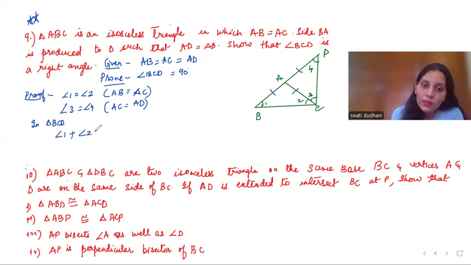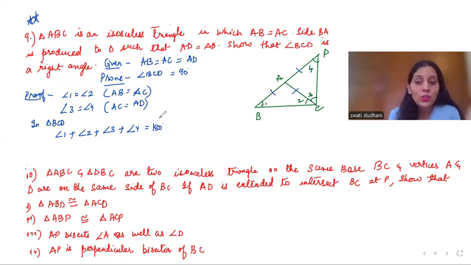Angle 1 plus 2 plus 3 plus 4 is equal to 180 degrees, by the angle sum property. You need to mention the reasons in brackets. I am not doing it because I do not have much space there, but you should mention it. Now, you know 1 and 2 are equal, so I can write angle 1 as angle 2, giving 2 times angle 2.